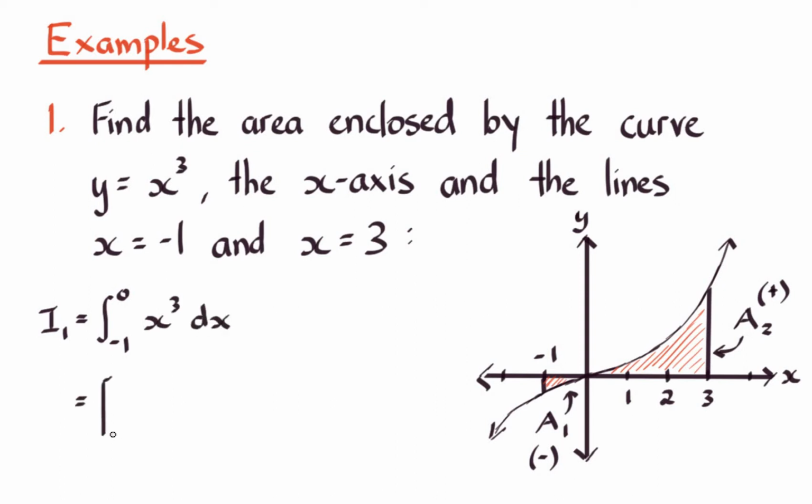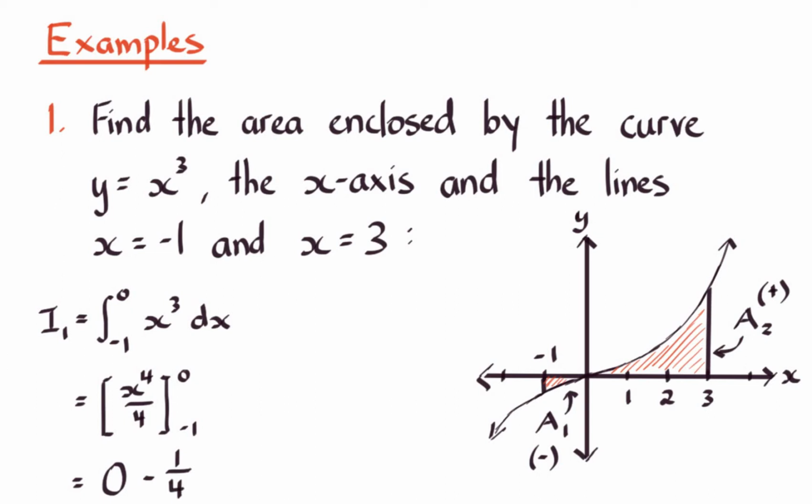When we integrate x cubed, we get x to the 4 on 4. And so when we evaluate this, plugging in 0 is just going to give us 0, isn't it? So the first bit will be 0 minus, and then we're going to sub in negative 1. Now negative 1 to the power of 4 gives us positive 1, and that's over 4.